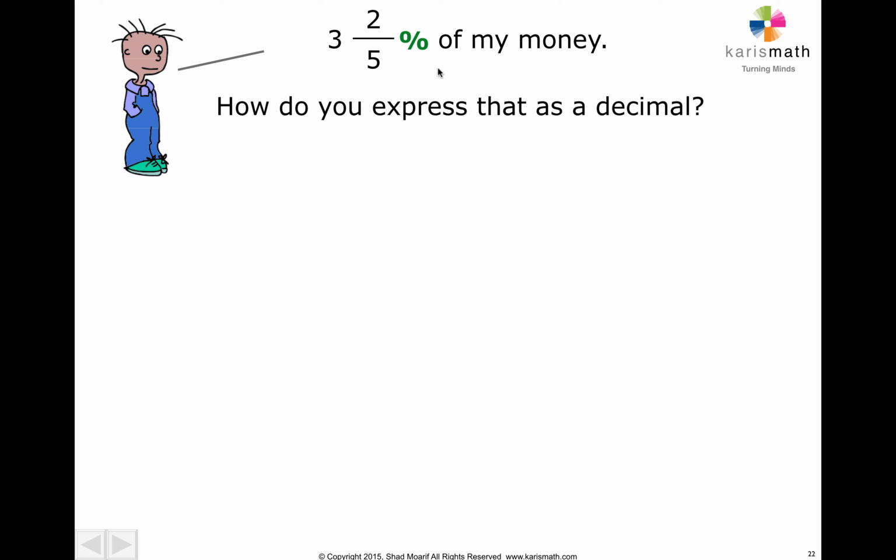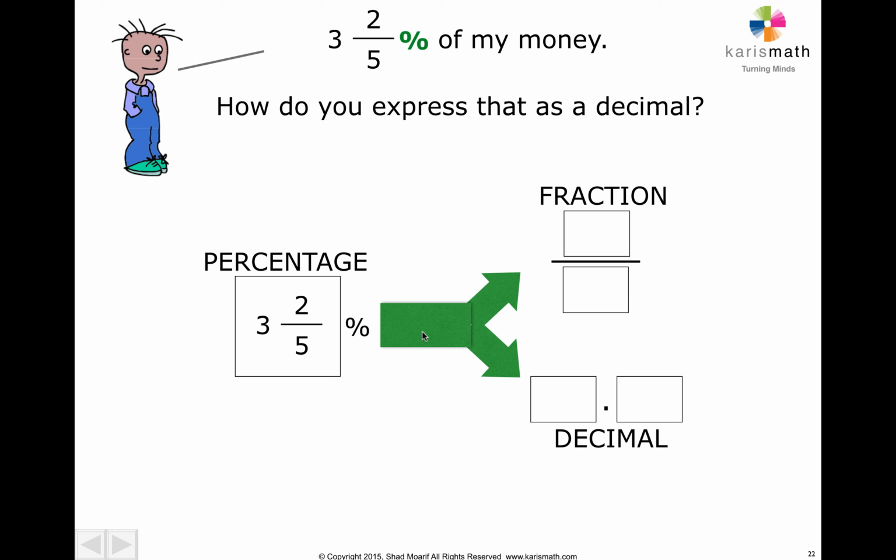Okay, you want to change percentage to decimals? That's very easy. All you have to do is take the percentage and divide it by 100%. Well, if you want to do the long way, you can.